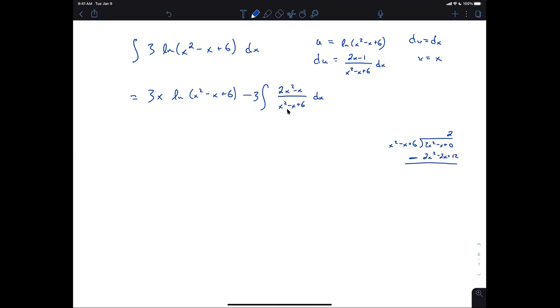That's then 0. That's x, and this is minus 12. So we get 3x log x squared minus x plus 6 minus 3 times the integral of 2 plus x minus 12 over x squared minus x plus 6 dx. Now we split that into 2 integrals.